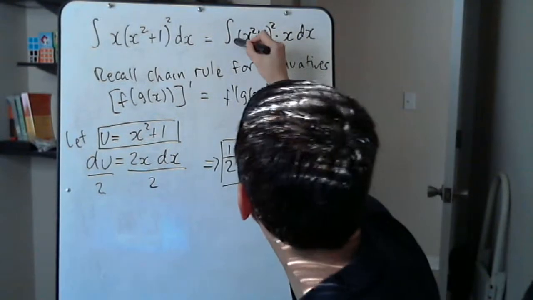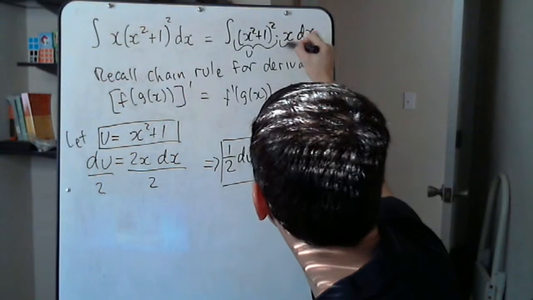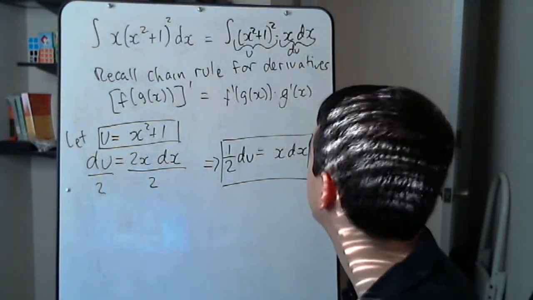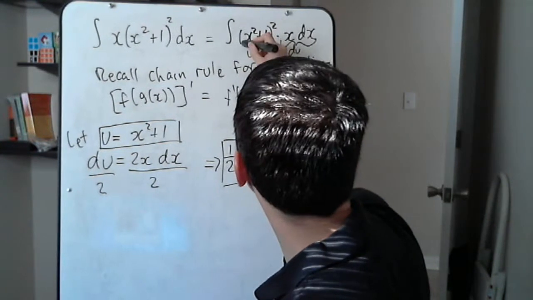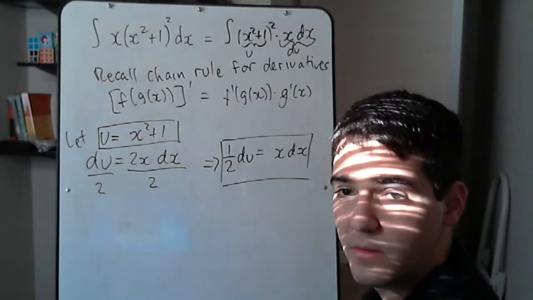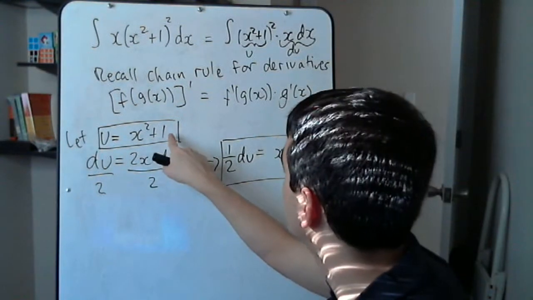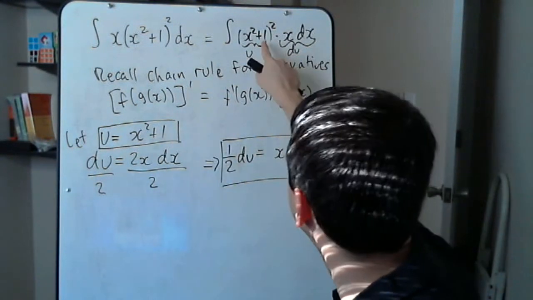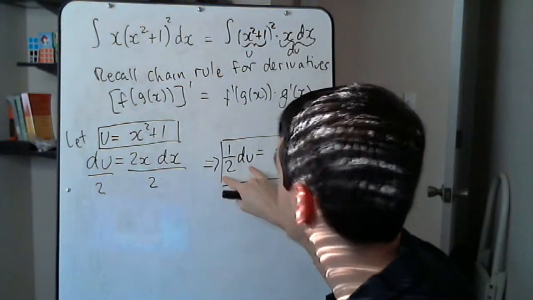So basically this is u, and this should be du, not the whole thing, just the inside. Okay? So now that we have that, we can replace this with u and this with that.